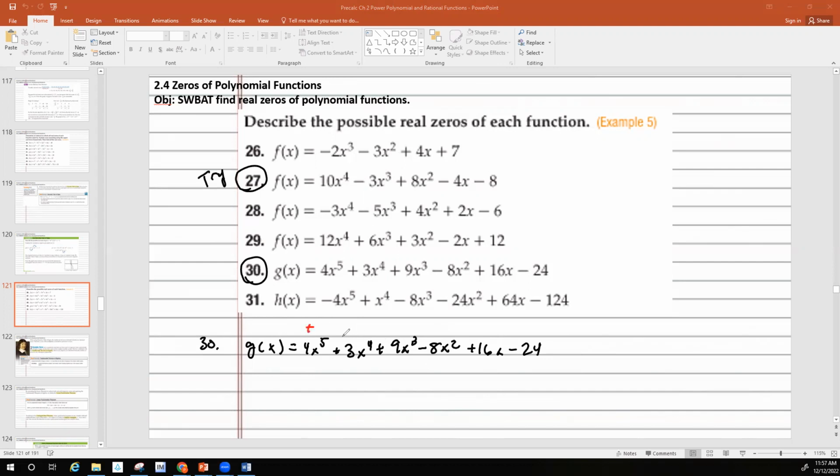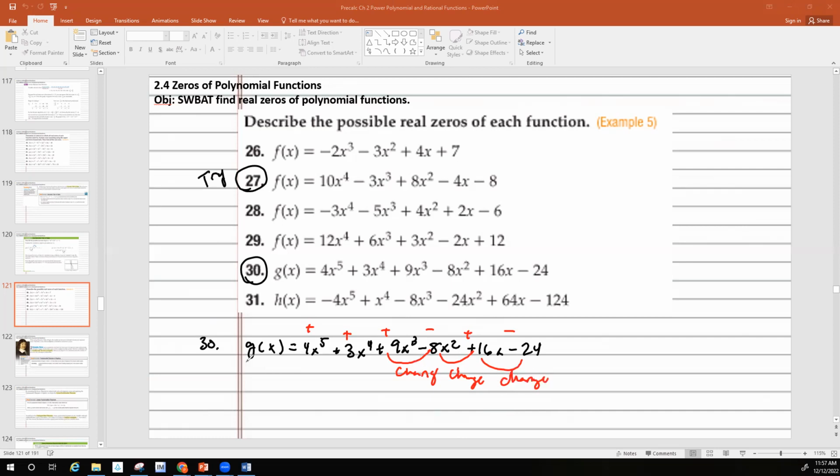All right, so let's look at those signs. We have a positive 4x to the fifth, positive, positive, negative, positive, negative. How many times does it change? Positive, positive, positive, no. But positive to a negative, that's a change. And then goes from negative to a positive, there's another change. And then we have positive to negative, so there's another change.